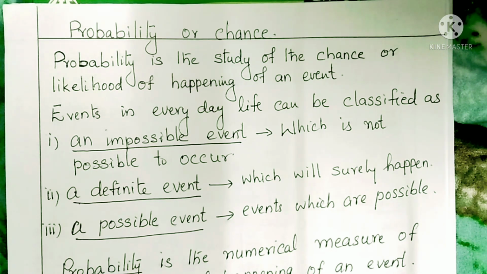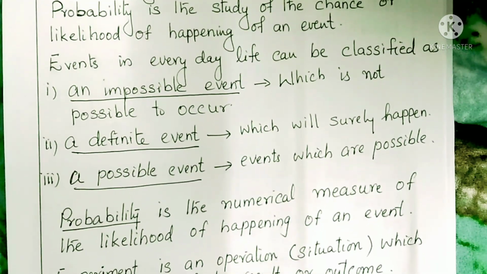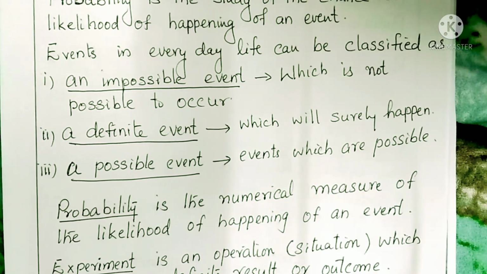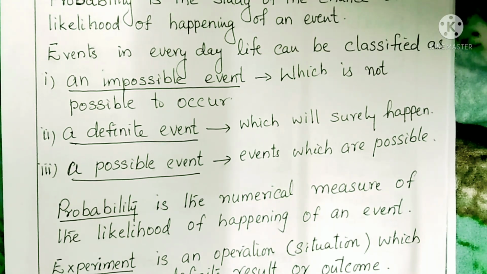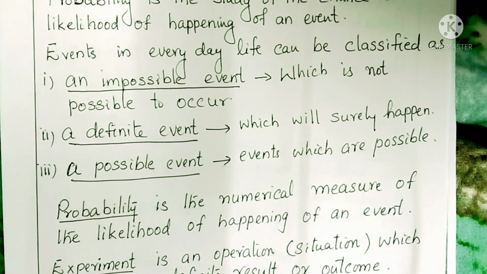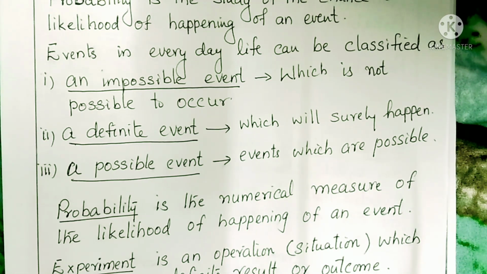You are sure that you will get a number from 1 to 6, that is a definite event. But you may get 1, there is a possibility. You may get a 2, there is a possibility, but you are not sure that you will only get 2 or only get 3, but there is a chance. So an impossible event means which will never occur. A definite event means which will surely happen, means you will surely get a number between 1 to 6.